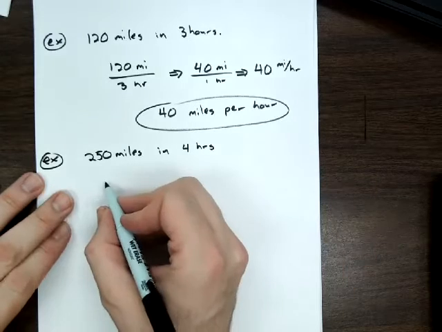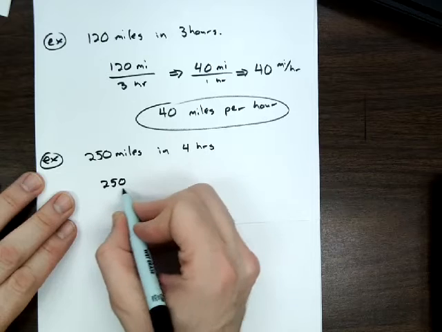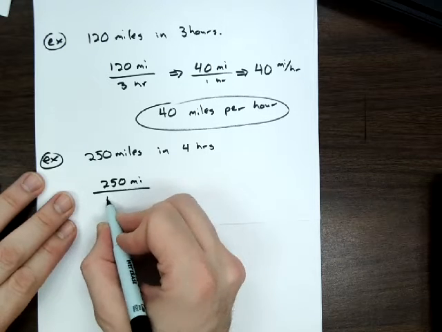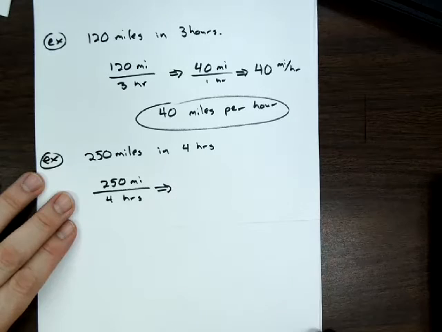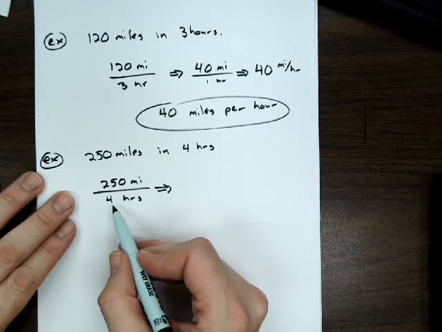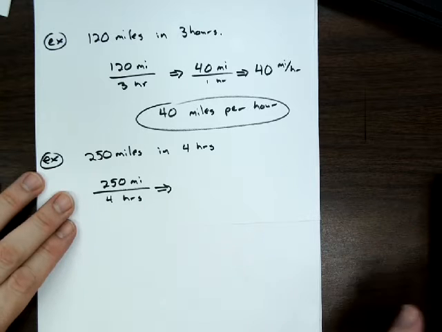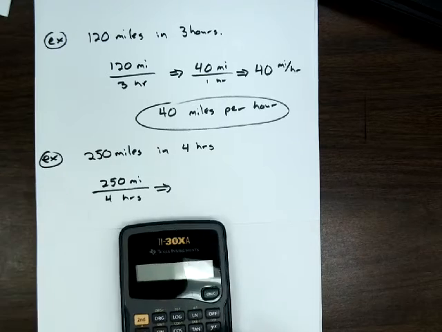Okay, well that's going to be 250 miles over those 4 hours. And I could divide both of these by 2, but honestly, it's going to be easier for us just to do this calculation.